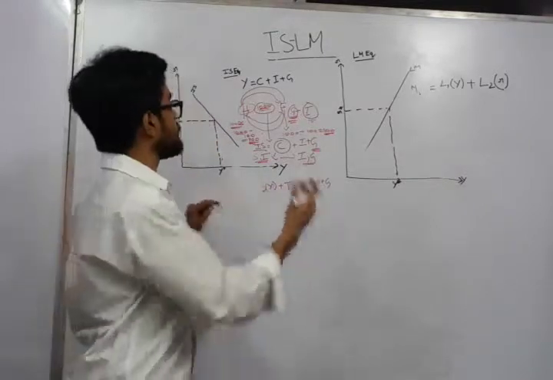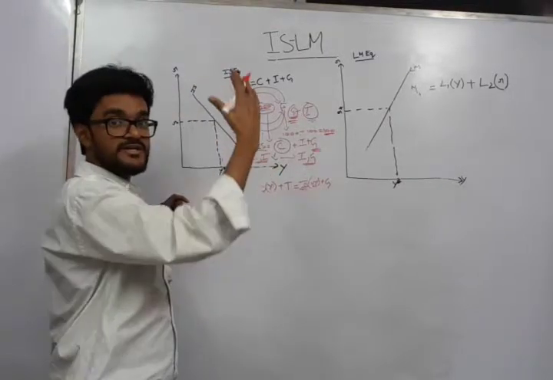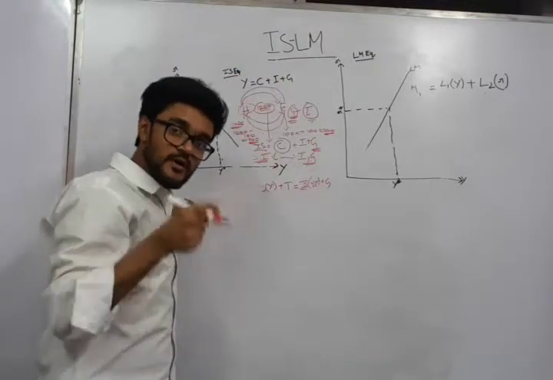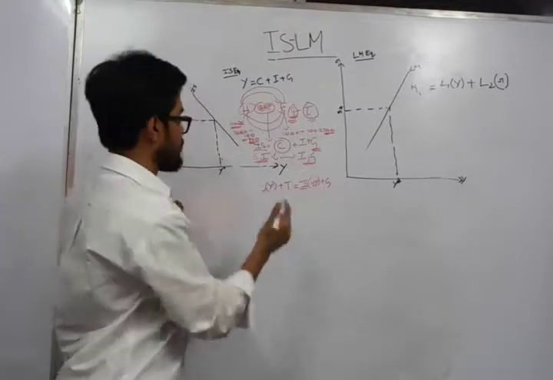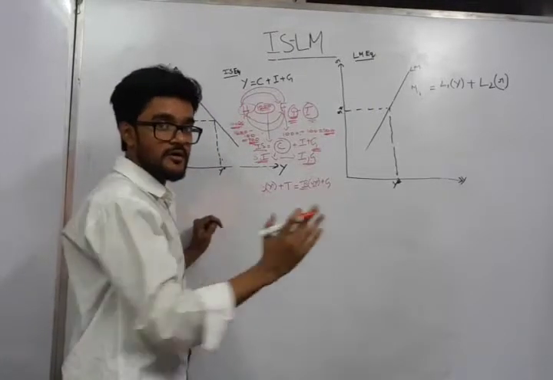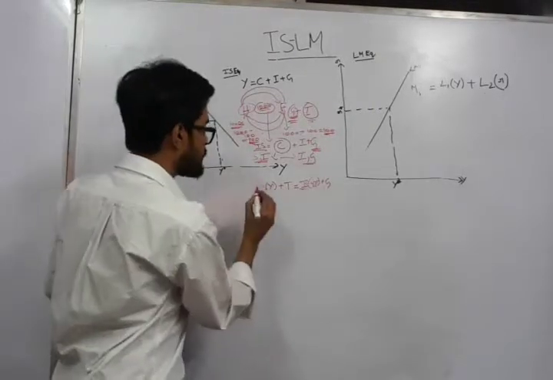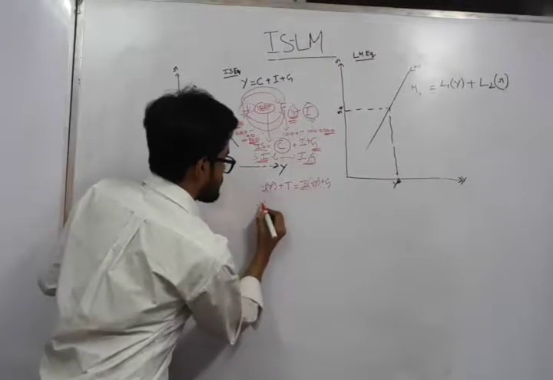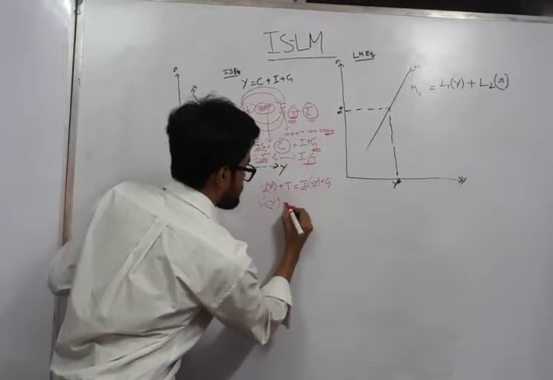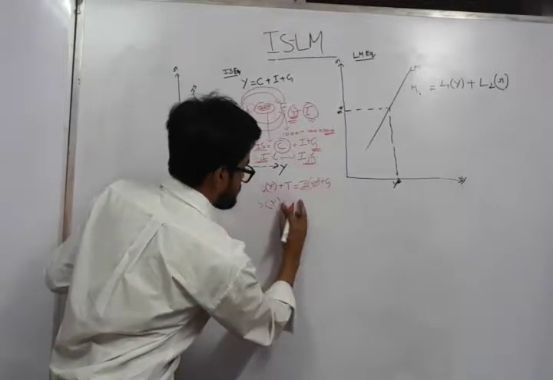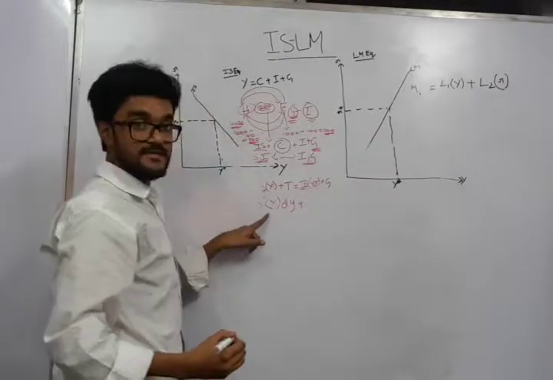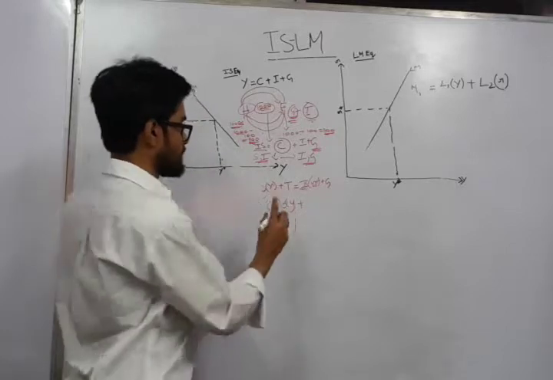Slope means what? When we draw a diagram of the IS curve, whether it is negatively sloped or positively sloped, in order to explain it, first we need to understand what slope is all about. What is slope? Let's run a first order differentiation on this equation. How do we do it? First, savings is differentiated with respect to y.